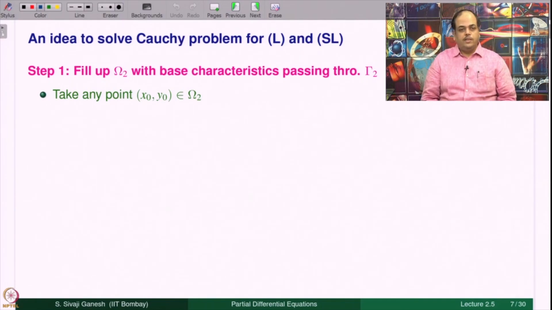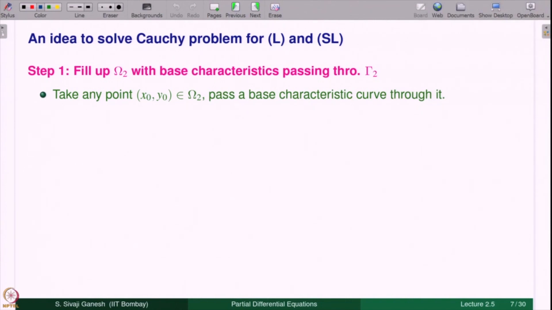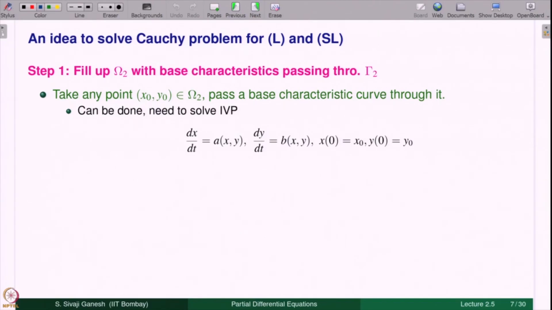So, what do you do for this? Take a point (x0, y0) in omega 2, and pass a base characteristic curve through that point. How do you do that? You have to solve this initial value problem. This is the equation for base characteristic curves, the first two equations dx/dt = a and dy/dt = b respectively, and you solve with the initial condition x(0) = x0, y(0) = y0.